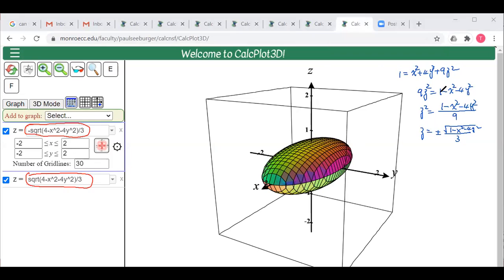So that is the ellipsoid it generated. And this ellipsoid is the level surface for that R4 function here.